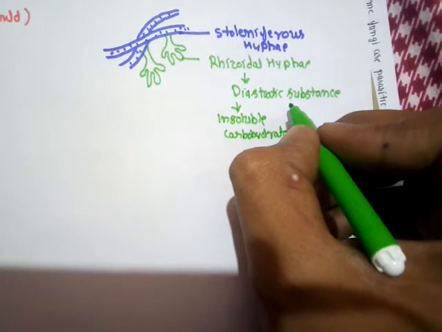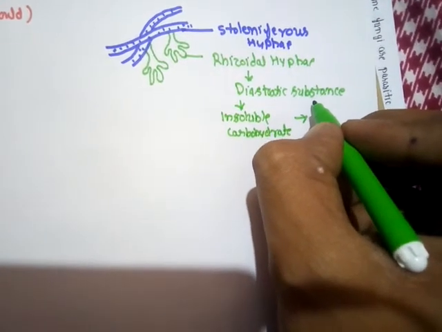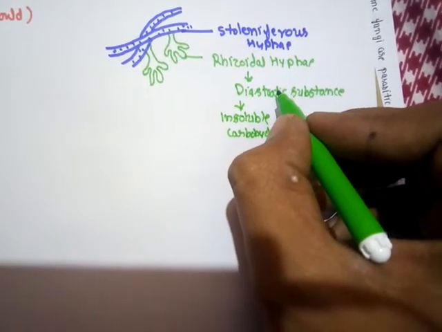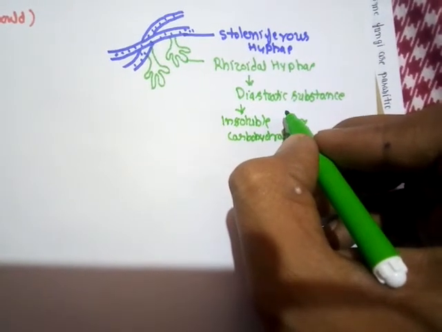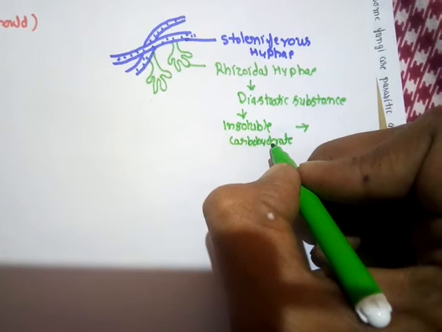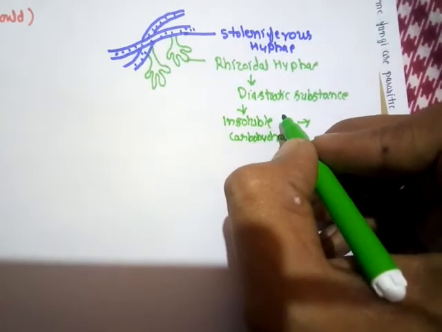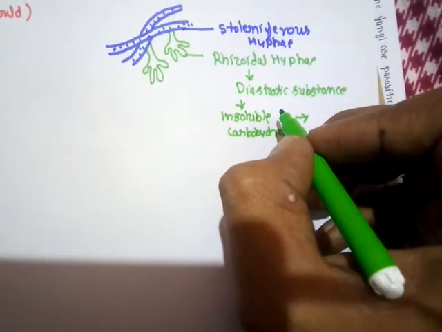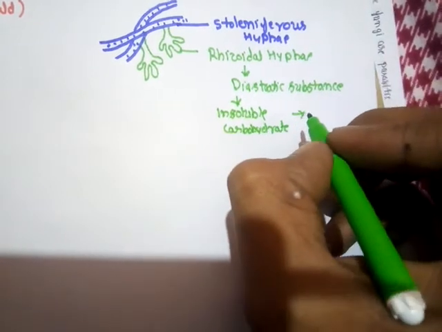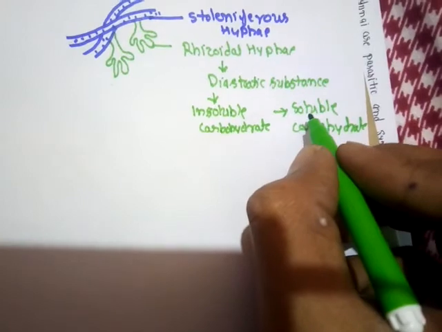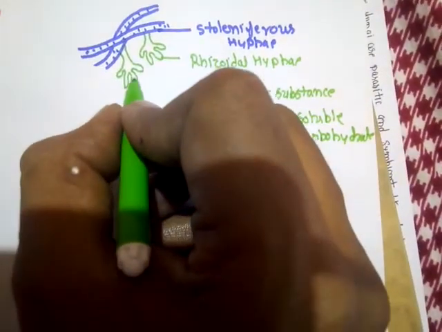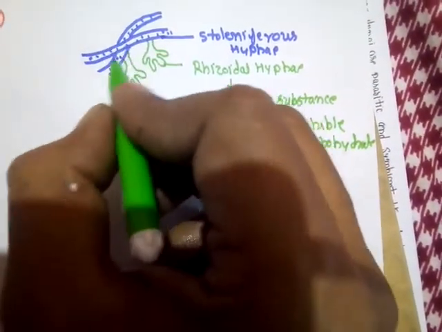This diastatic substance contains digestive juices, and when the rhizoidal hyphae secrete it on the substratum that contains organic matter with insoluble carbohydrate, this juice converts insoluble carbohydrates into soluble carbohydrates, and then these soluble carbohydrates are absorbed by the rhizoidal hyphae and provided to the further structure of the mycelium.